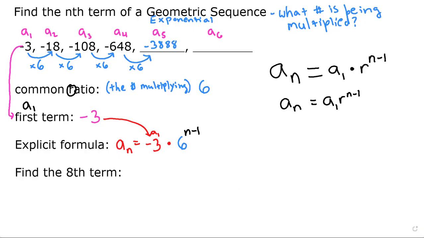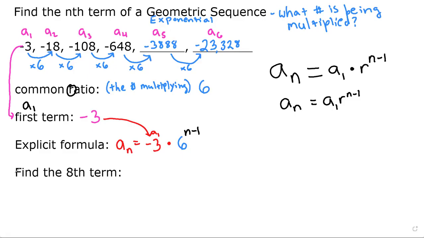And then let's do it again. So now let's multiply this one times 6 again, and we get -23,328. So you see the numbers get really big.